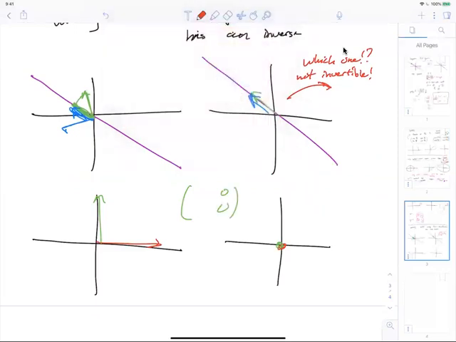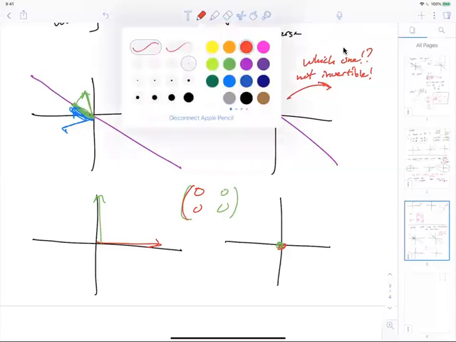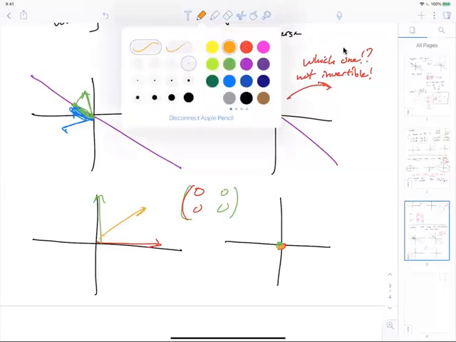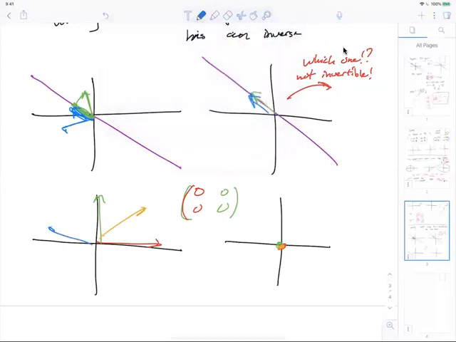This is the totally zero matrix. That's a linear transformation because it takes every line and gives it down to a single point at the origin. That's okay. But now when you try to inverse this, the only place that really matters is 0, and you don't know what vector you started with. You could have started with the red one, the green one, or this one, or some other one. You don't know where you started. So this is also not going to be invertible.